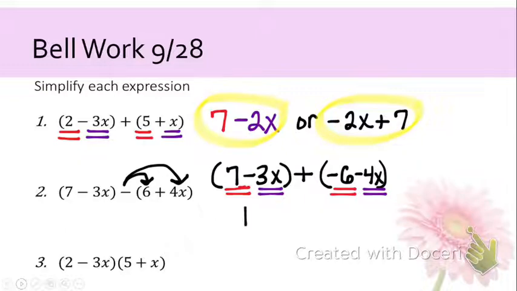So that would be a 1. 7 plus negative 6 is 1. And negative 3x minus 4x. What's negative 3x plus a negative 4x? What'd you say? Negative 7. Good job. Negative 7x. Again, you can also reverse that and write it as negative 7x plus 1.